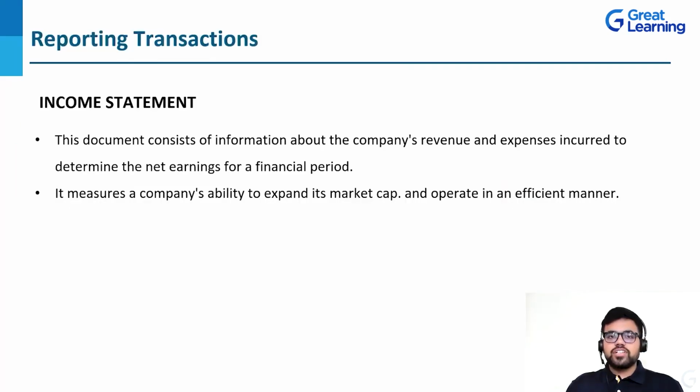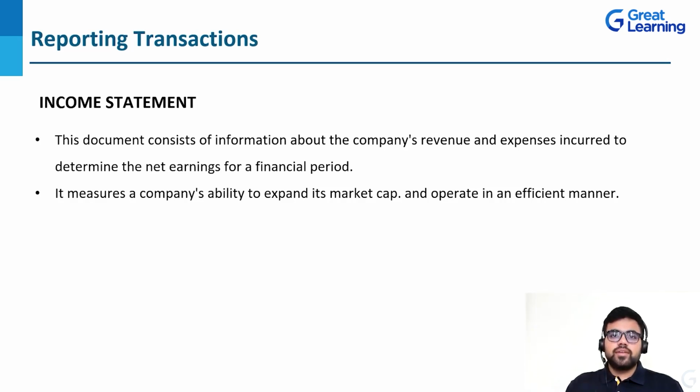So the second financial statement that we will discuss is called the income statement. Now, this statement tells us about the company's revenue, expenses, and also the tax incurred by the company by the end of a financial quarter or financial year. In a nutshell, this statement provides information about the profitability of the company.